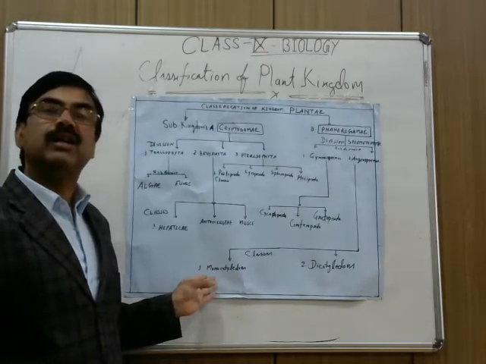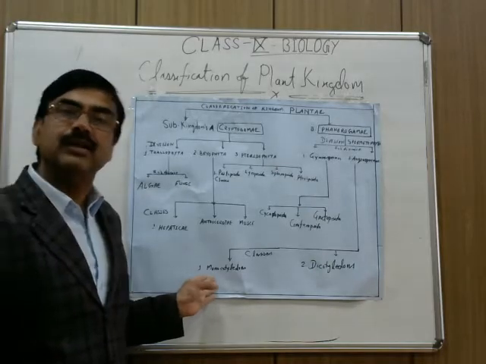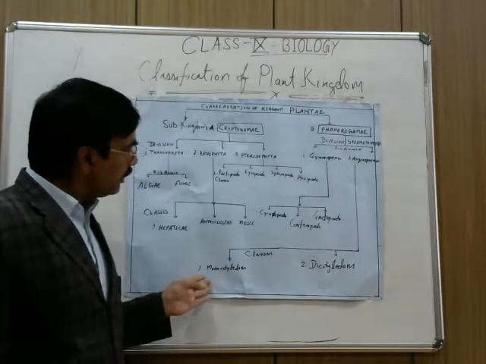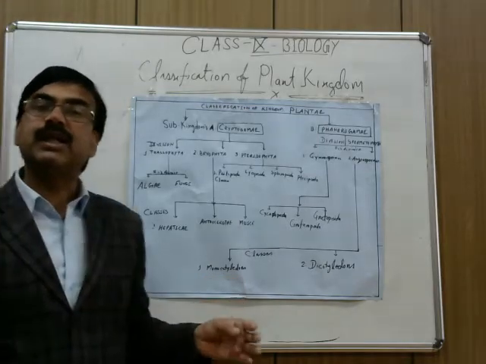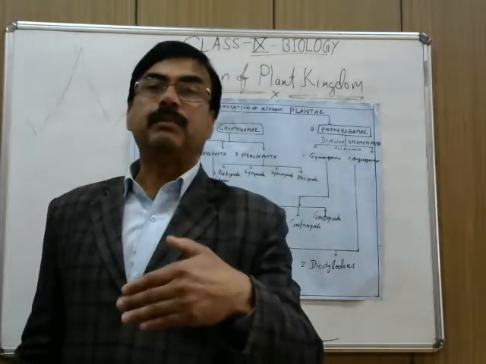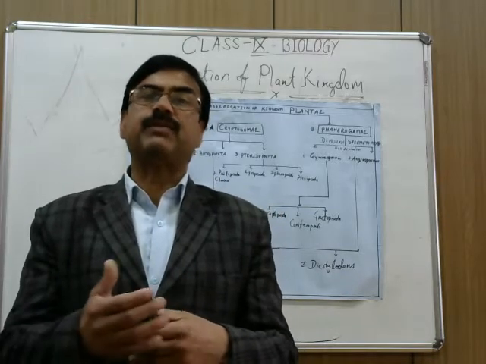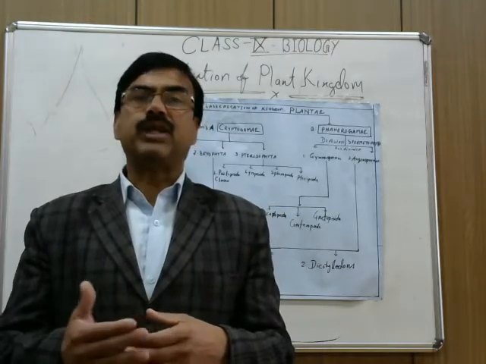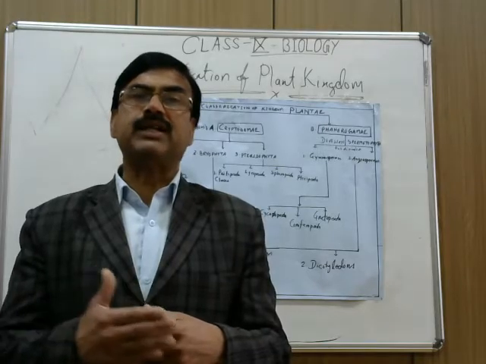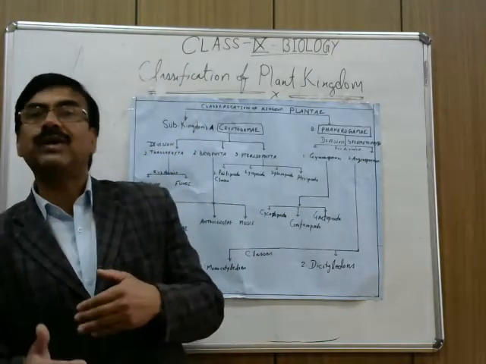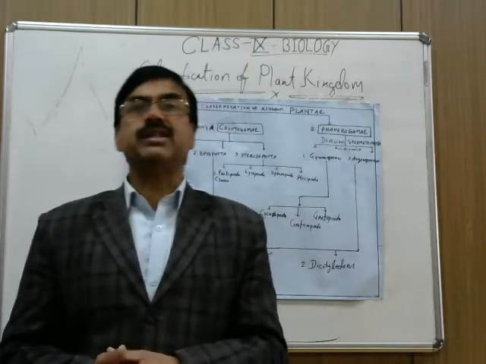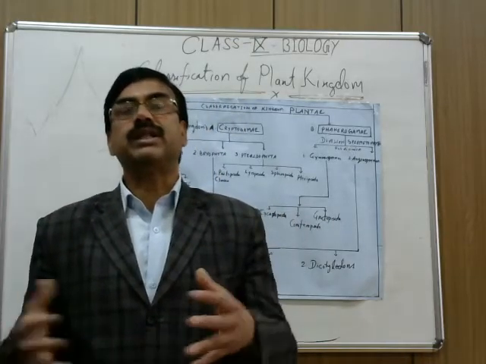That is why they are called monocotyledons. In monocotyledons we will study examples like papaya, what their leaf structure is, what type of roots and stem there are, and what type of floral diagrams. When you look at the characteristics, then you will be able to understand 100%.